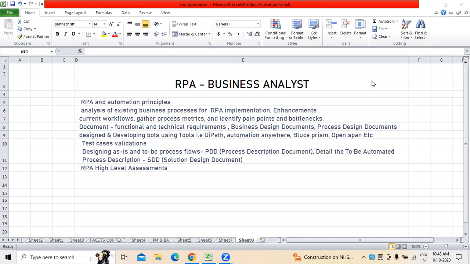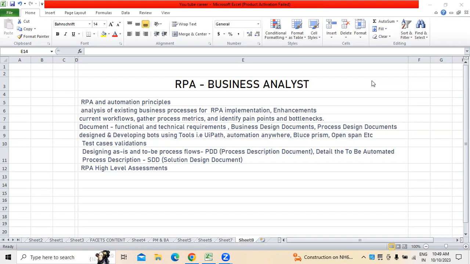To reduce the human intervention, we automate processes where we are continuously working on repetitive tasks, because there will be some repetitive tasks which we normally perform in application development. So there, in spite of using human intervention, automation can be done. For that kind of automation, RPA is used.